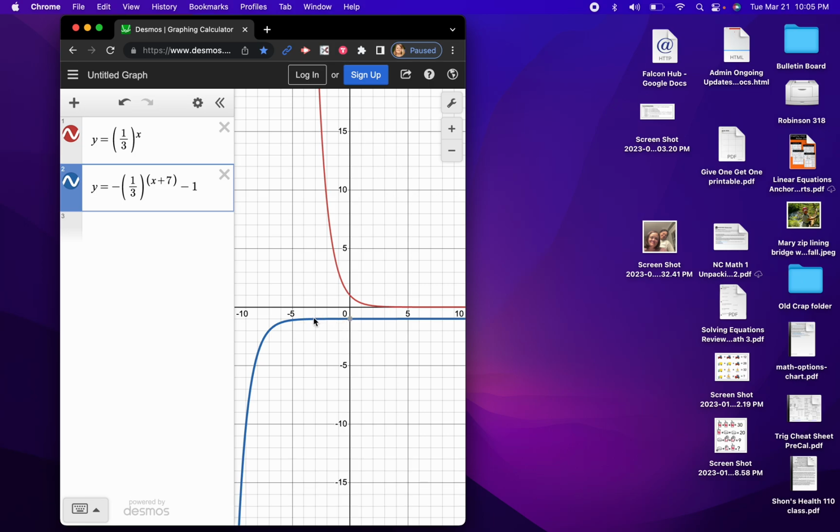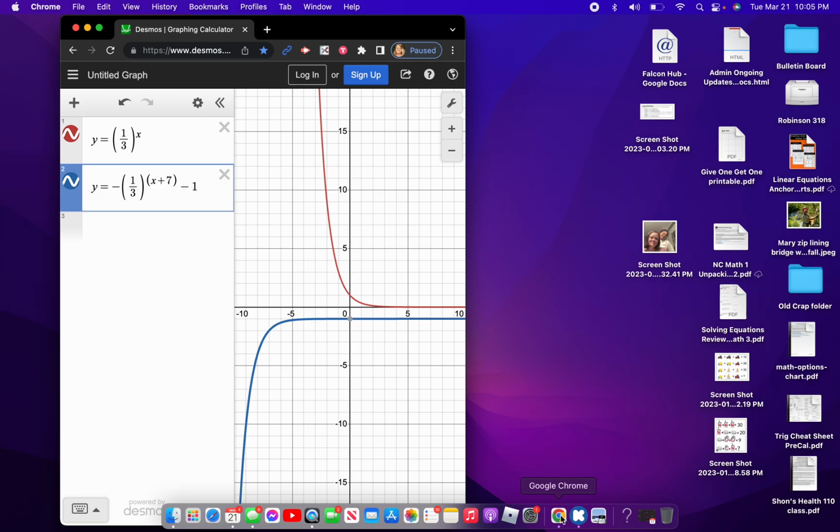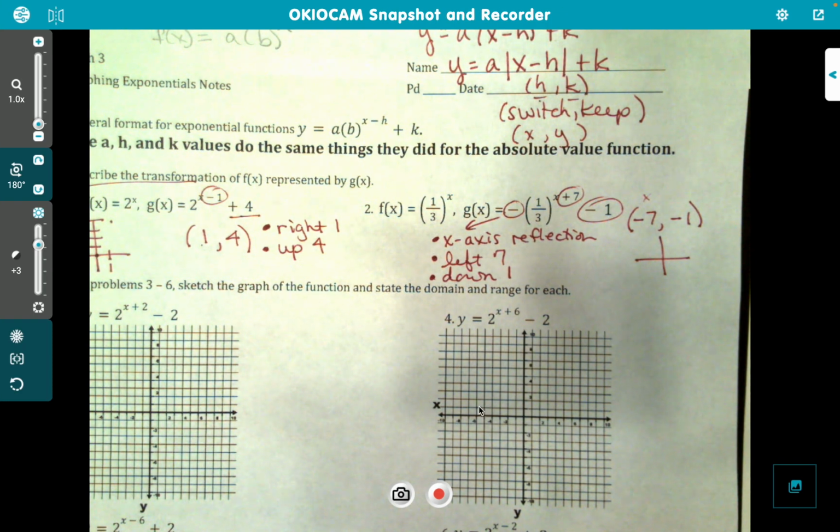So 1, 2, 3, 4, 5, 6, 7, down 1. And then I have another point right there. So that point would reflect over my x-axis, and then move left 7 and then down 1 to this coordinate here at -7, -2. Okay, so that's what we mean by listing your transformations.